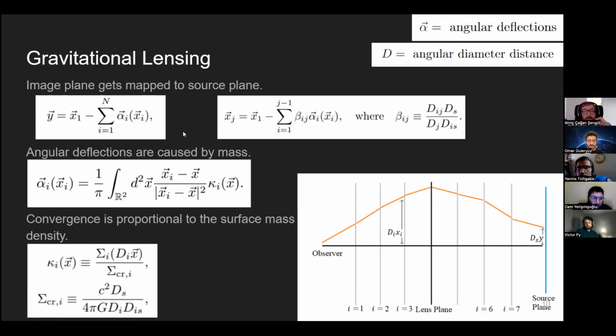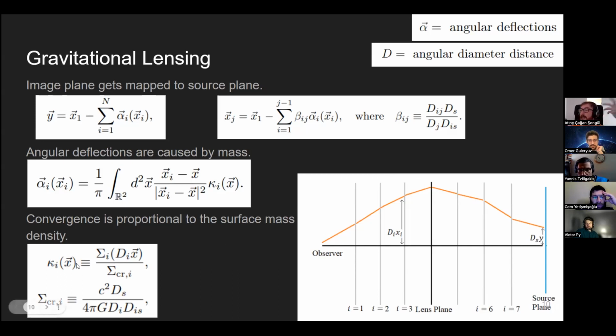And these angular deflections are caused by mass. Importantly, I should define a quantity called convergence. Convergence is simply the dimensionless, weighted surface mass density at each plane. It's weighted by some distance scales that affect how efficiently lensing is being done, depending on distance.